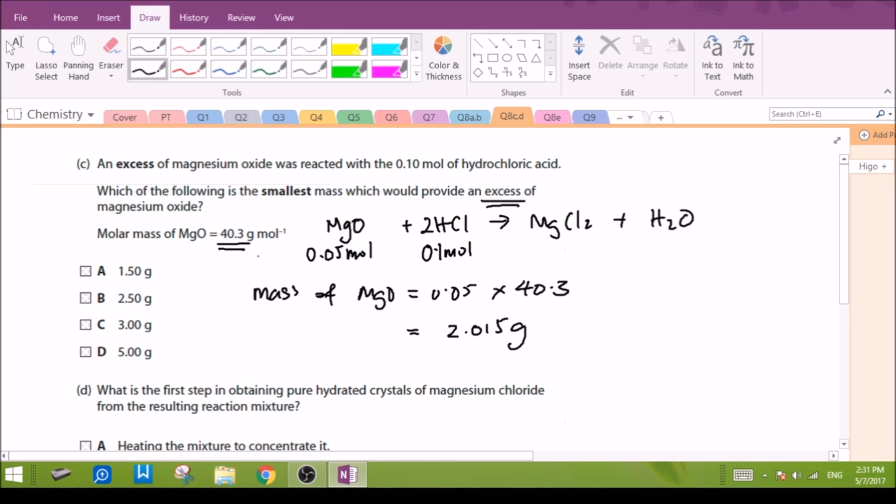If we use 1.5, we will not have enough, so it will not be an excess. The first time we will get an excess is if we were to use 2.5 grams. We only need 2.015. If we were to add 2.5, we will start to have an excess. So this is the smallest mass that will give us an excess.